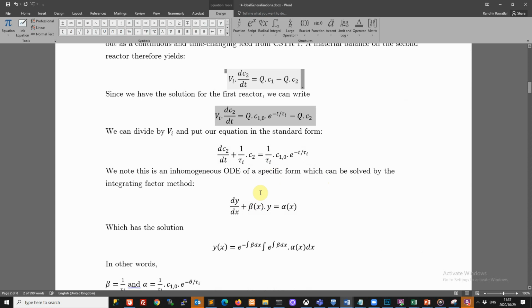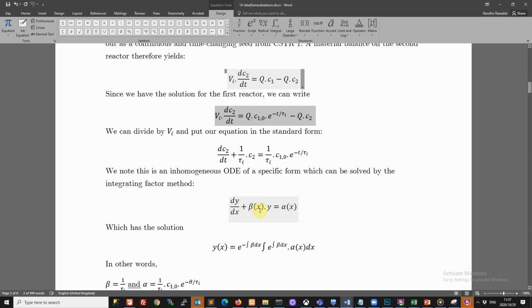So if you look at your calculus notes in the first or second year, or maybe even in high school, you will have seen that for equations of this form, where you have dy/dx equal to some function of x, so there's an explicit function of the variable of the equation, times y.